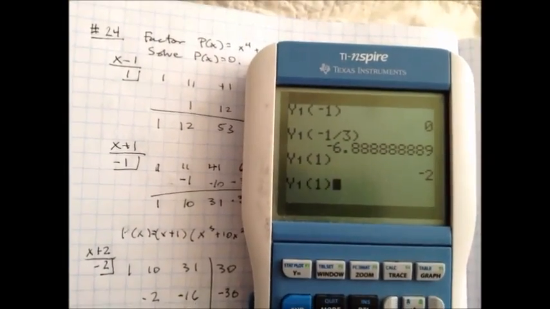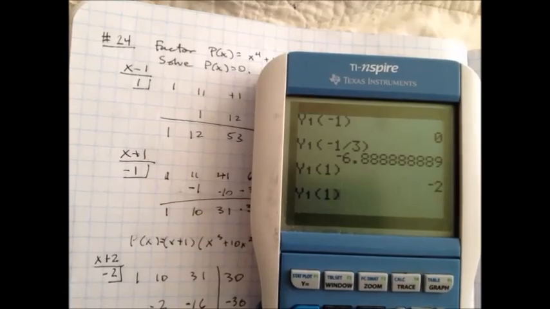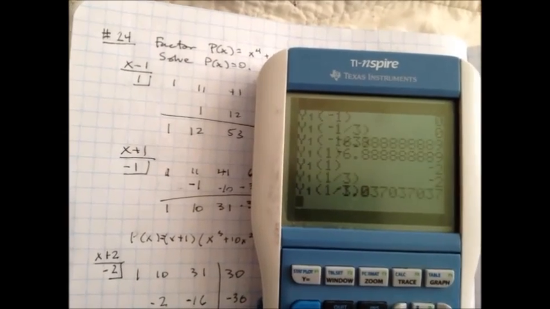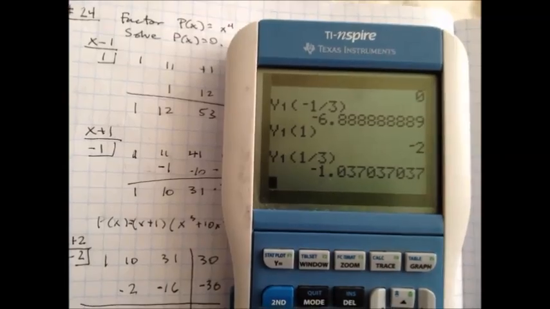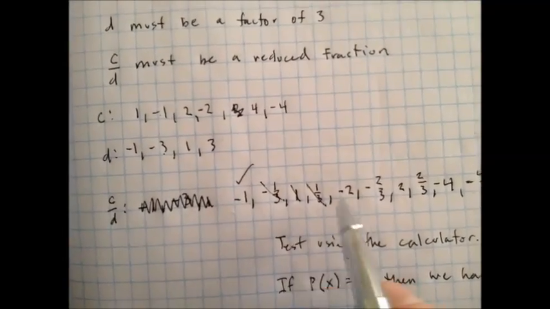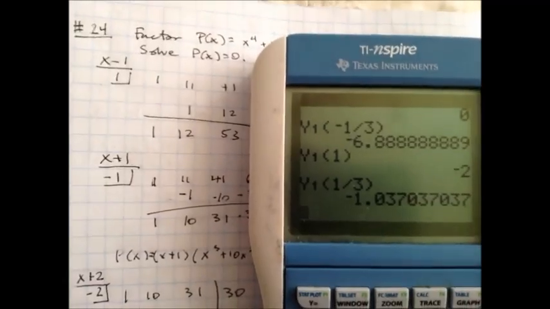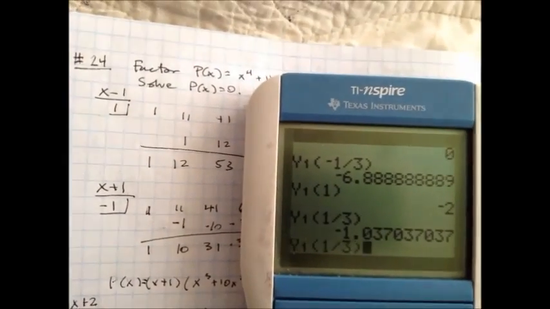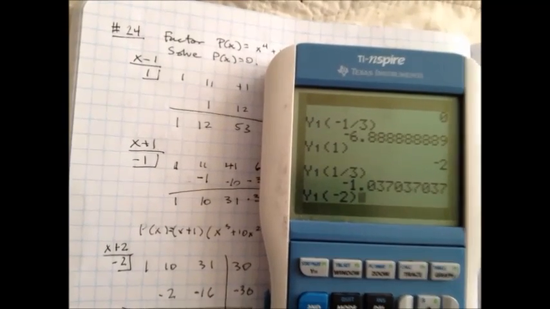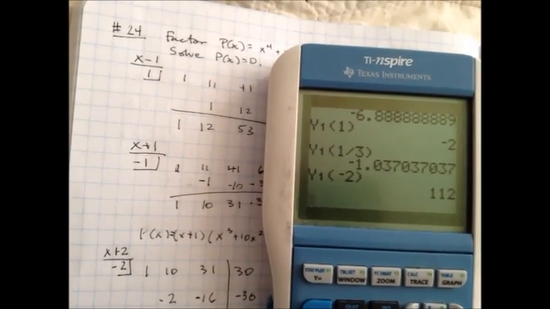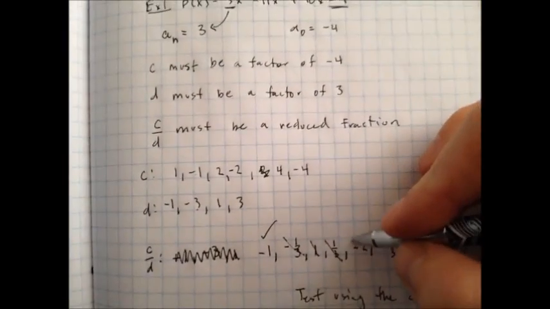Then I try 1/3. Second, enter again. 1 divided by 3 does not work. So my next number is negative 2. Notice I've crossed out all of those. So we come back over here, second enter, do some deleting, type in the negative 2, and we get 112, which doesn't help because it doesn't work.